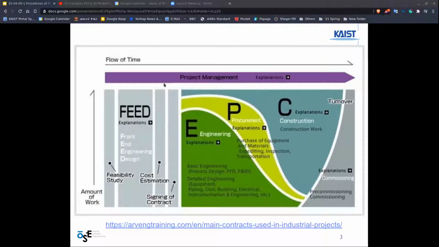And then there is turnover, which is handing over the design to the owner or the client. After FEED, there is a contract between the contractor and the owner or client.